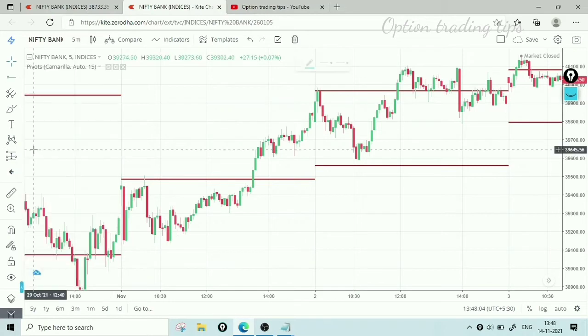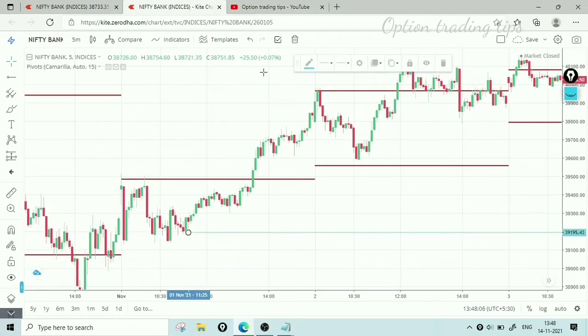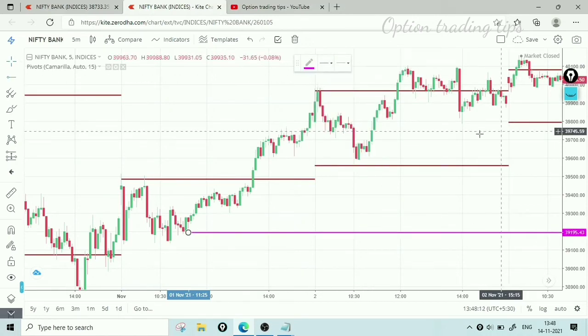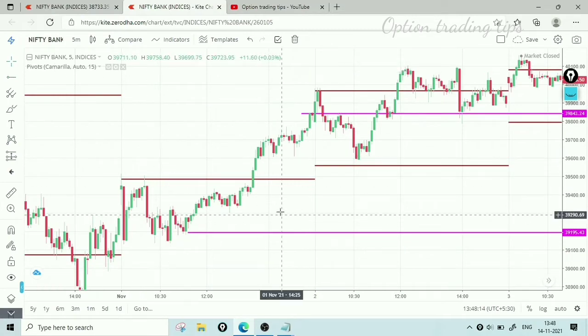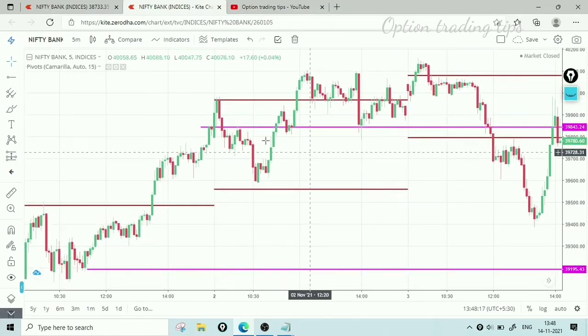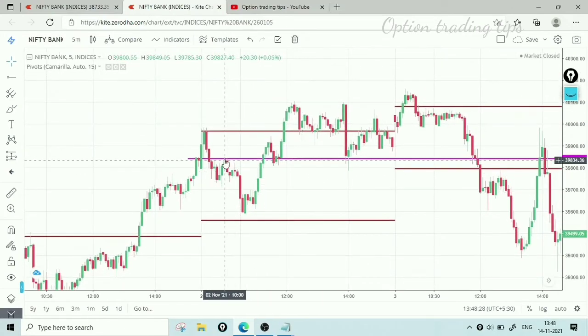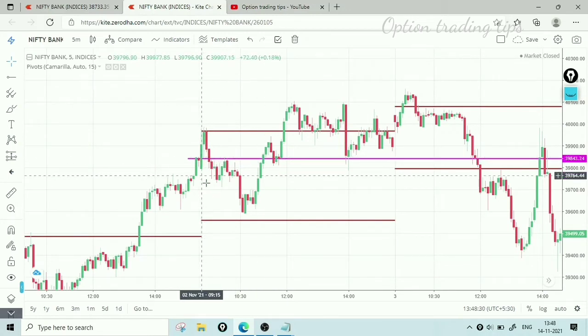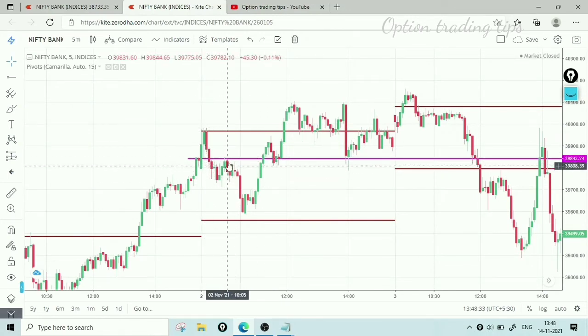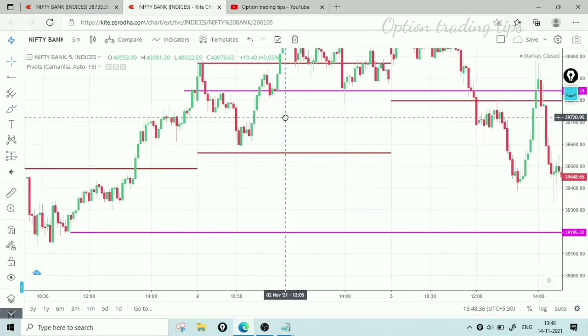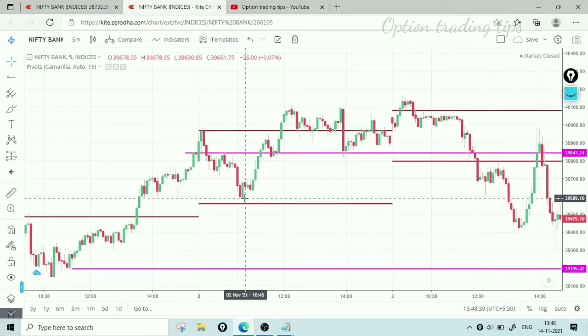So I mark the rally high and low. Here, this line was broken and it gave support and moved downside. Here the rally was broken by the next day. That means a breakout happened and once again it reversed. Once again, the rally started from here to here in the next day.